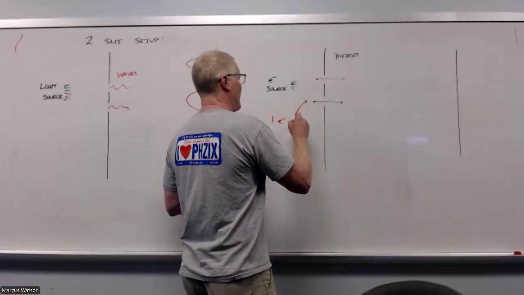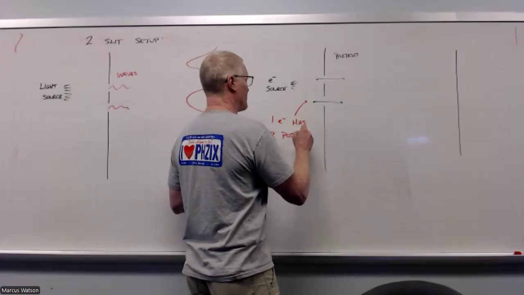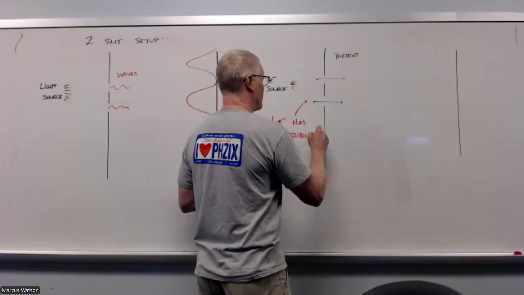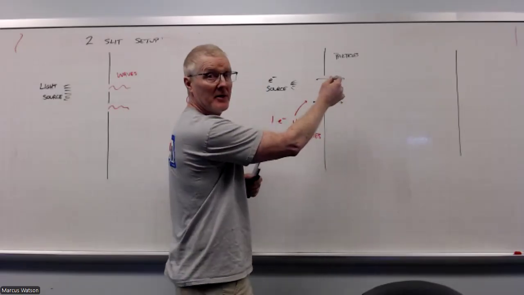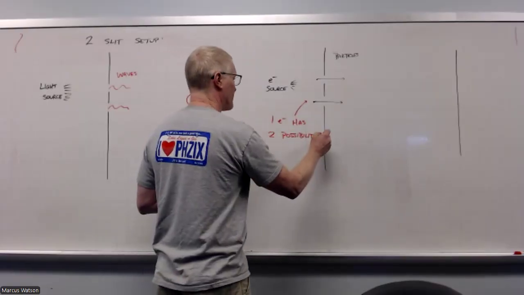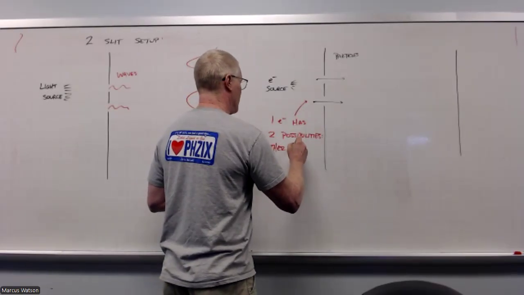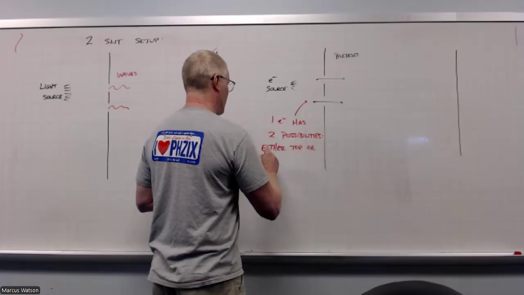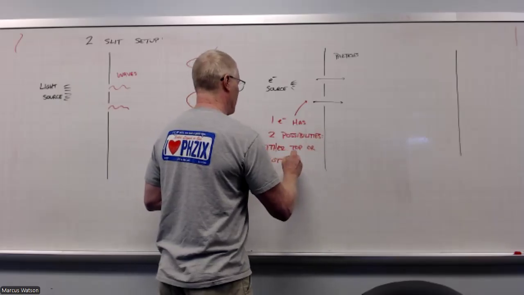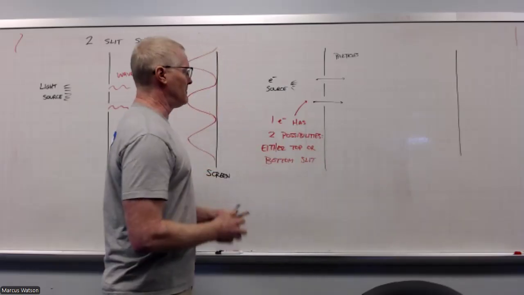One electron has the ability to go through either the top slit up here or the bottom slit down here, right?